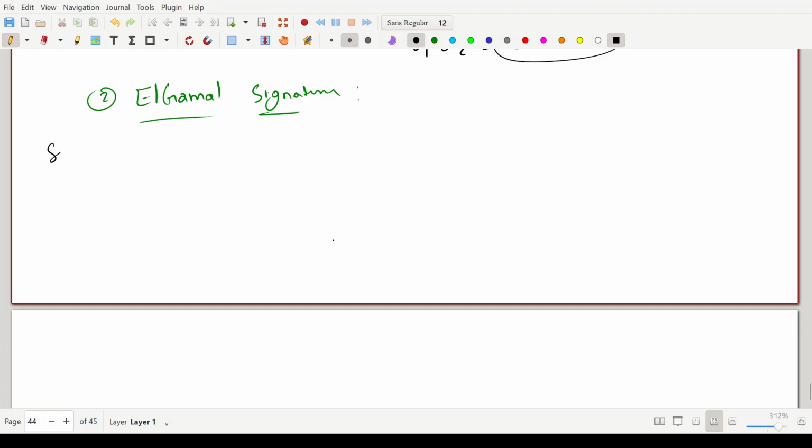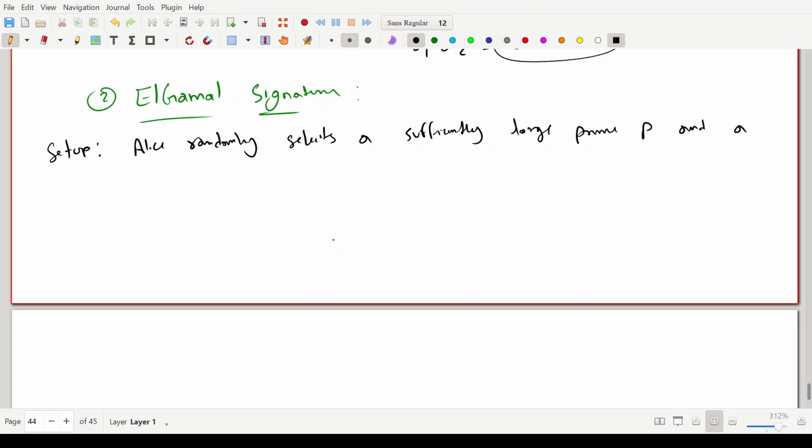First I'll set up. Alice randomly selects a sufficiently large prime P and a primitive root G modulo P, of the set Z P star.